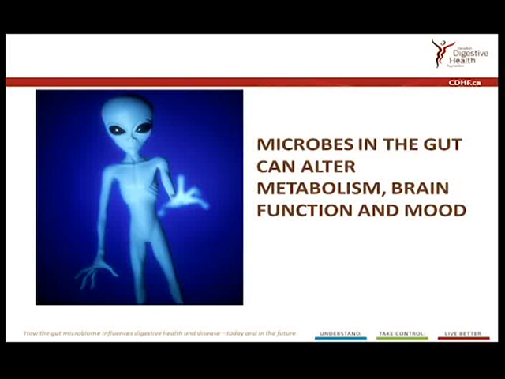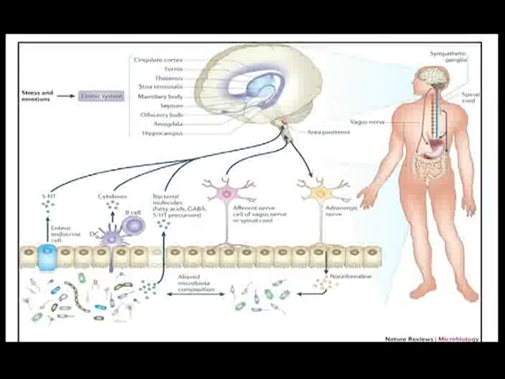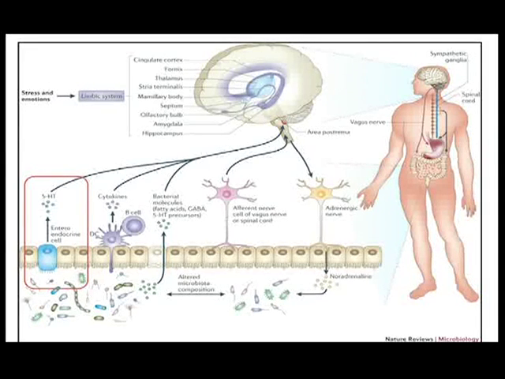Okay, I know we're going to hear more about this later, but microbes can also alter brain function through immune pathways, neural pathways, as well as endocrine pathways. Serotonin is produced in the gut, can be taken from the gut to the brain, and alter brain function.